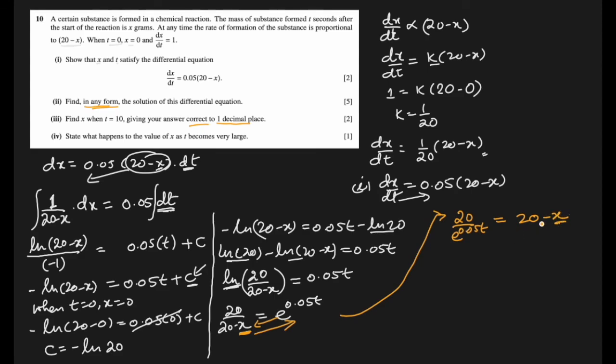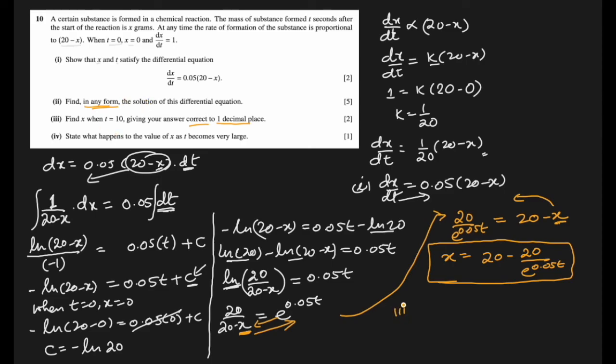I want to isolate this x, so this x will go to the left side and this whole thing will come to the right side. So our new equation will be x equal to 20 minus 20 divided by e to the power 0.05 t. This is the format I'm presenting this in, though they gave us liberty to use any form.